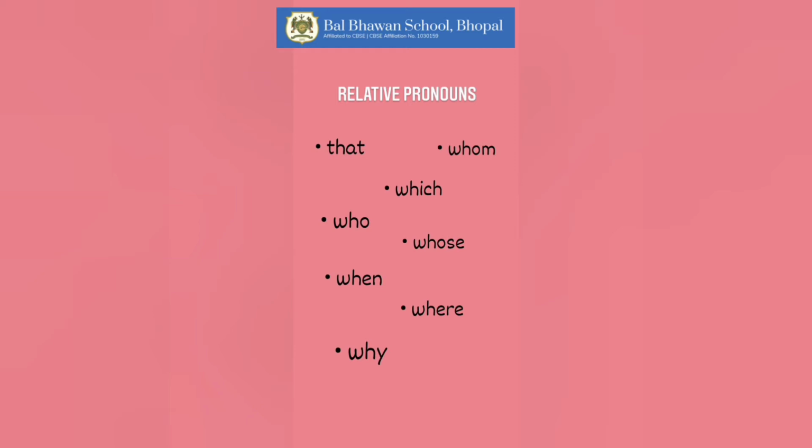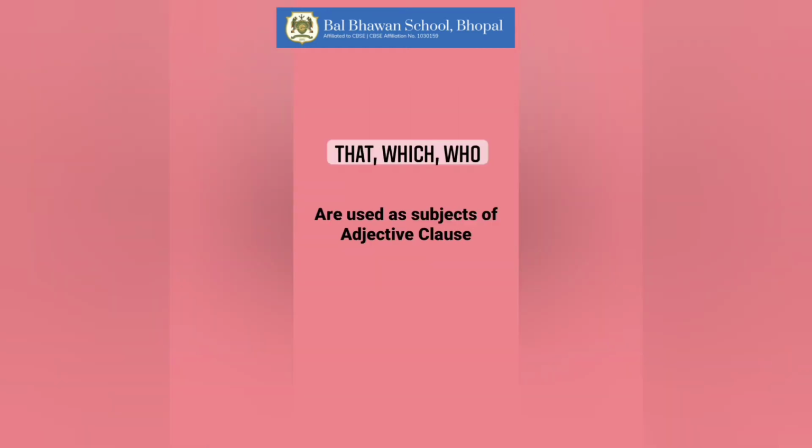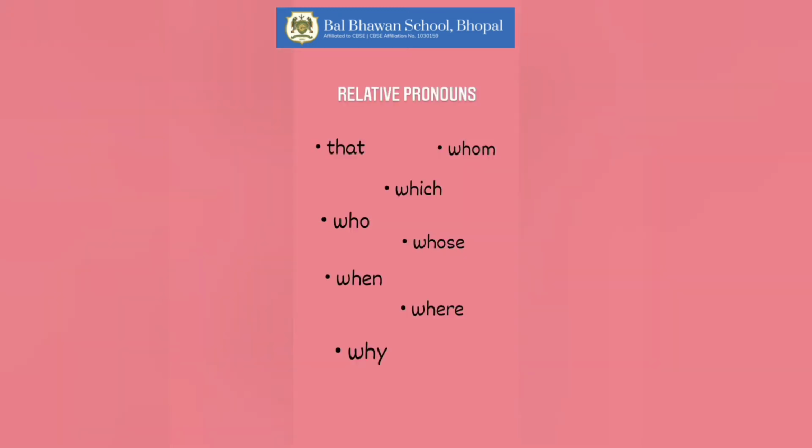Let us see. That, which, who can be the subject and conjunction of an adjective clause, whereas whom, whose, when, where, and why are only connectors and not the subject of a relative clause.